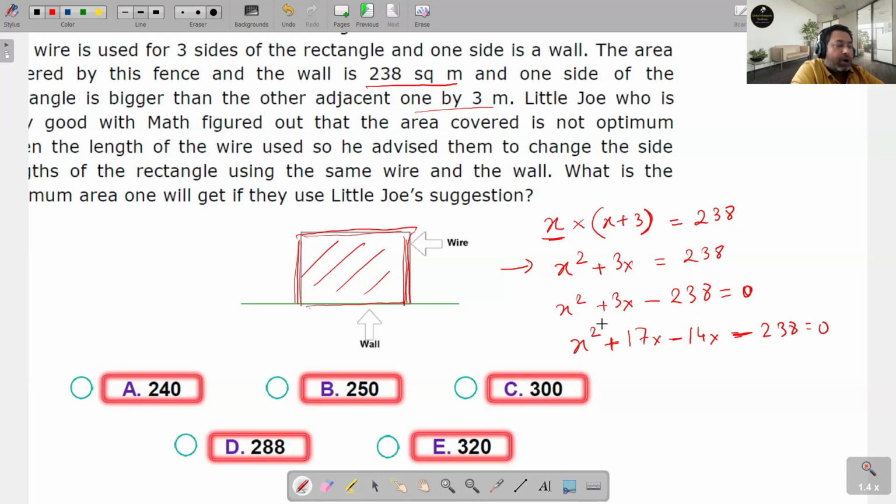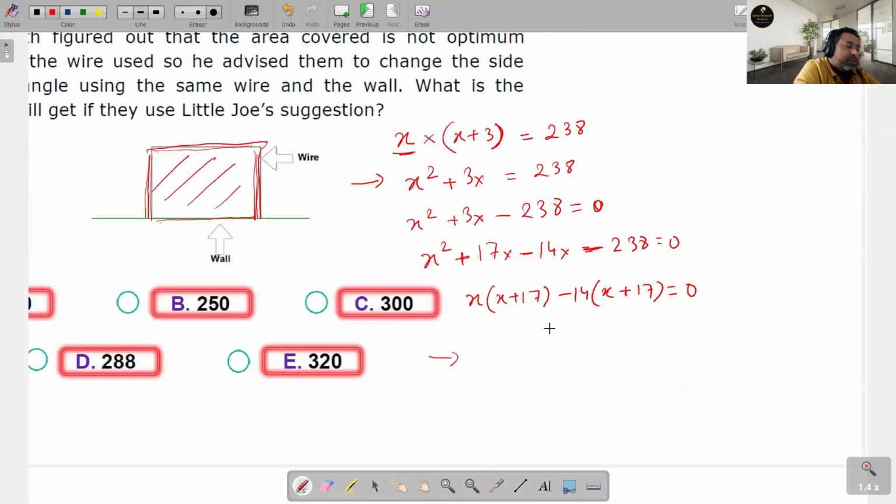So I broke up the 3x into the difference of 2 numbers so that their product is 238. 17 times 14 is 238. 17 times 10 is 170, plus another 68 will give me 238. So here we'll get x into x plus 17 minus 14 into x plus 17 will be equal to 0.